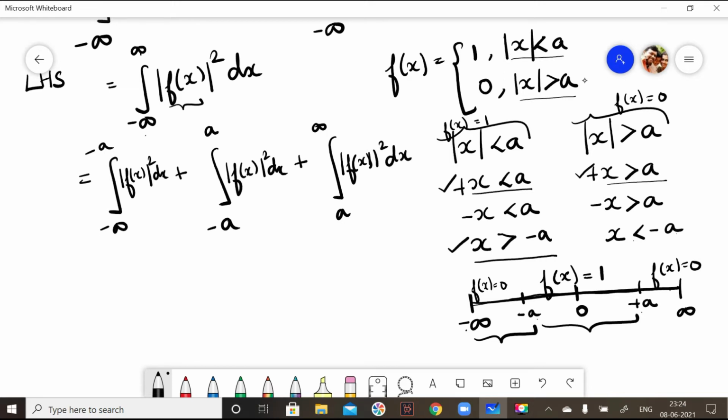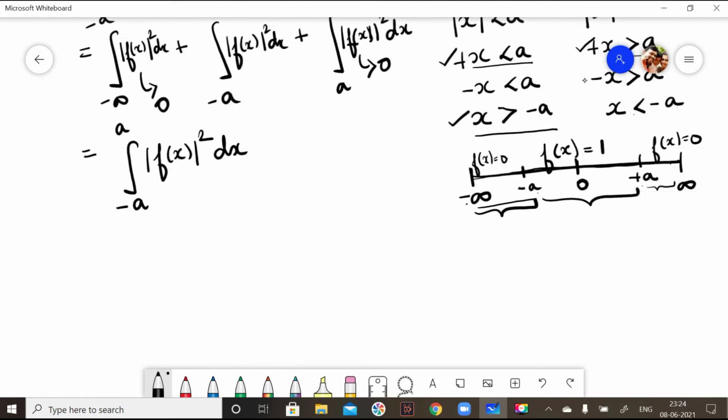We clearly know from minus infinity to minus a, the function is 0. Likewise, from plus a to infinity also, the function is 0. So what is remaining? Integral minus a to a modulus of f of x the whole square dx.